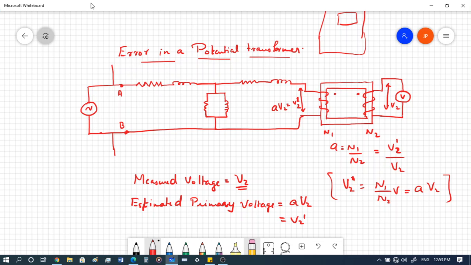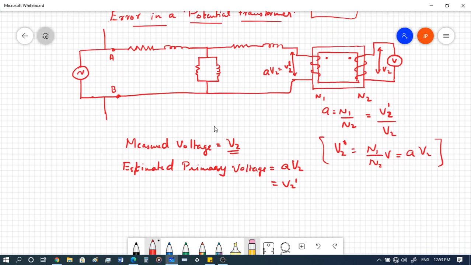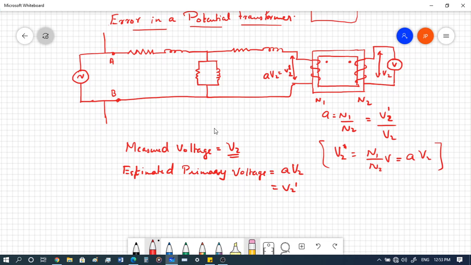But the problem here is that the voltage across A and B can be written as V1, which is not equal to this V2 dash, because there is a drop over here. There is an entire drop in this region, which can be written as Vd, right?